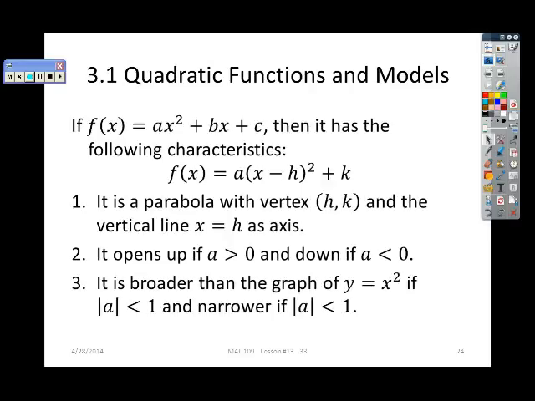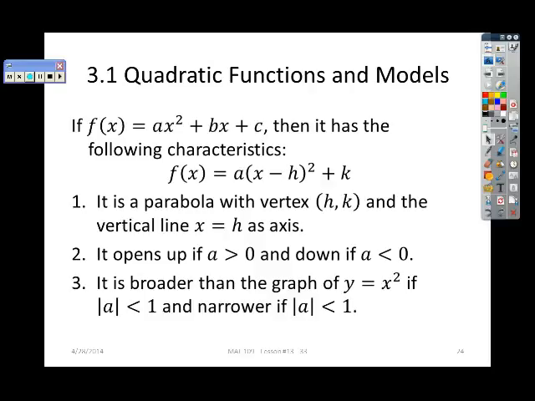And remember the transformations we did? Your base function is the parabola x squared. What we've done is shifted it. Remember, when you're inside, it shifts the opposite way of the sign, but it shifts horizontally.